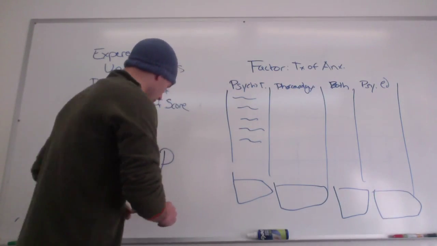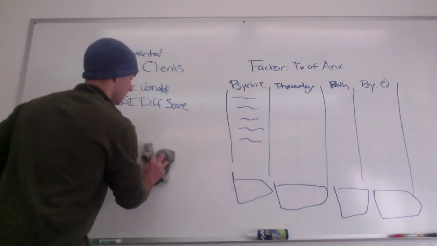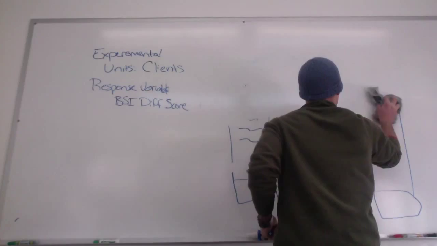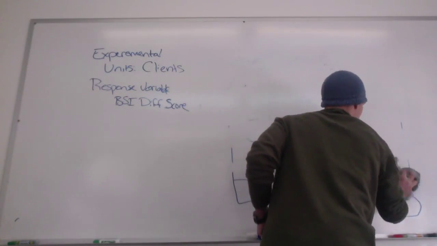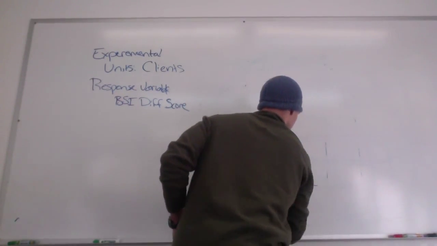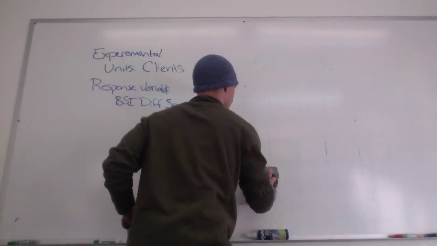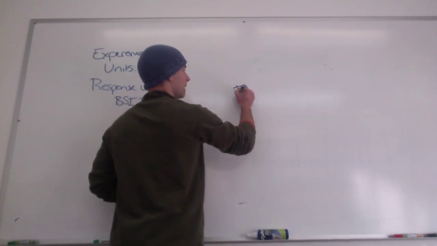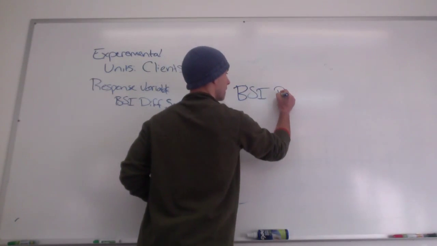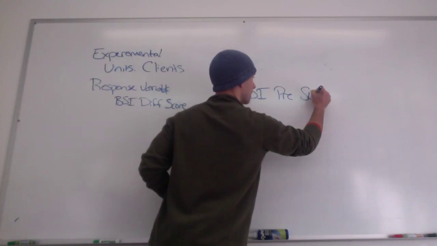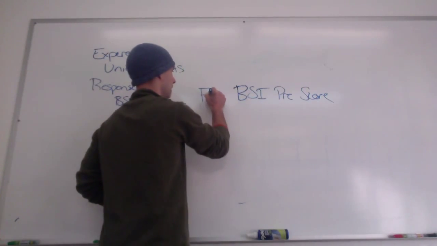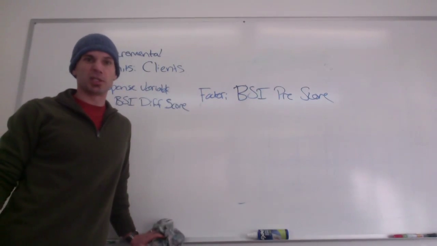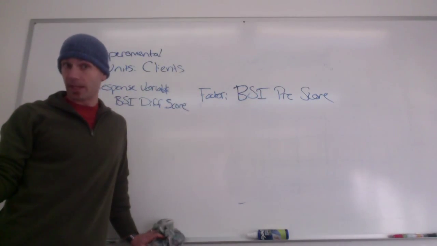What we had to do is we had to take our factor, which was the BSI pre-score, which gave us their level of pathology.